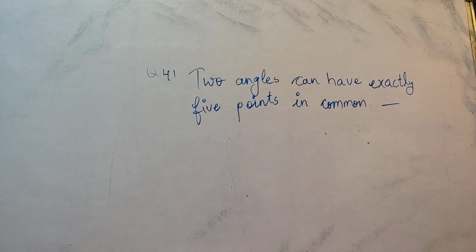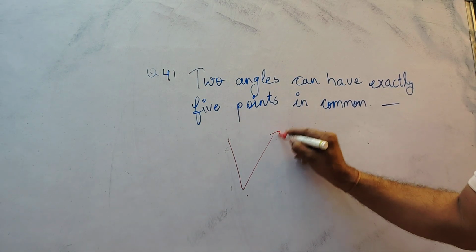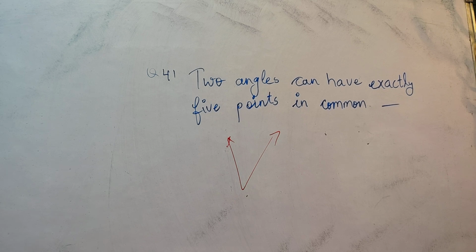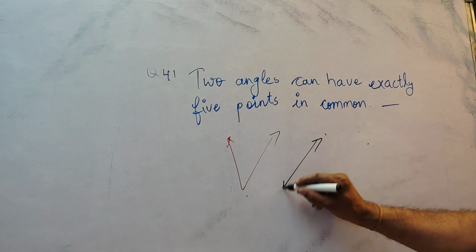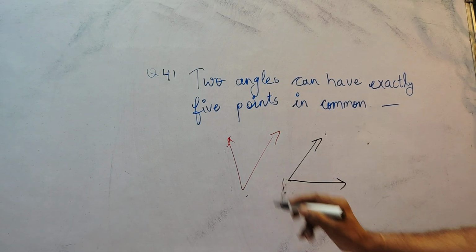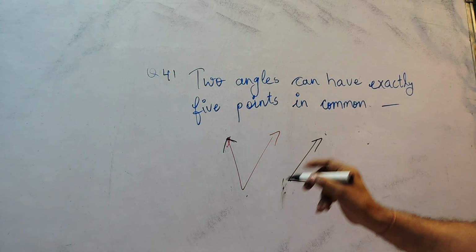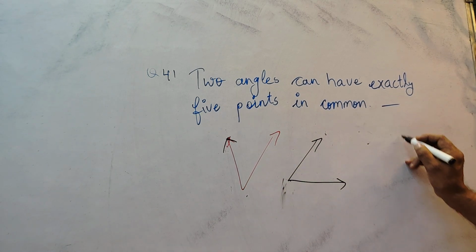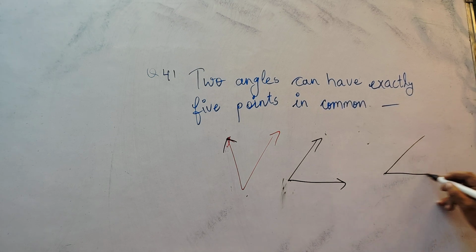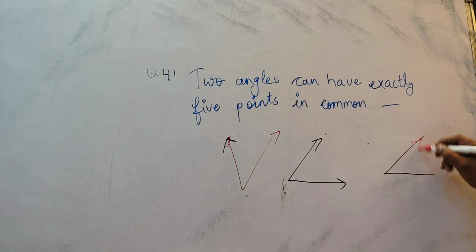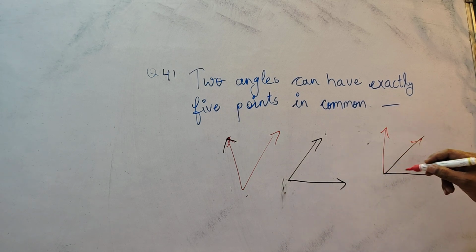So two angles. Suppose this is the first angle, the red angle, and the second one is the black angle. If we make them common, then the red part comes onto this line and they are now common.